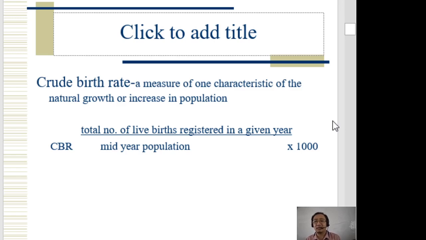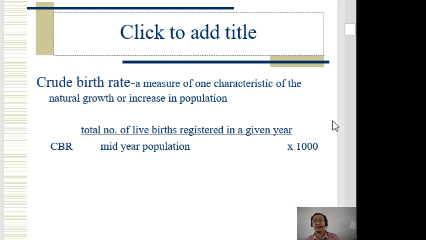The first rate, the first event, is called crude birth rate. It's a measure, an index of one characteristic of natural growth or increase in the population of a certain community or country. Crude birth rate is acronymed as CBR.